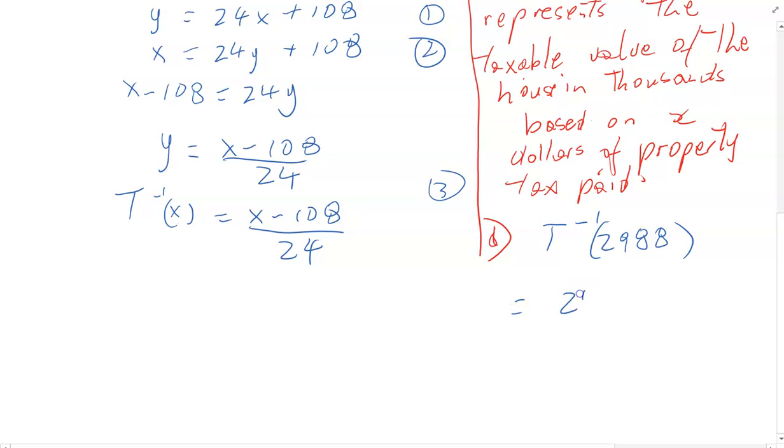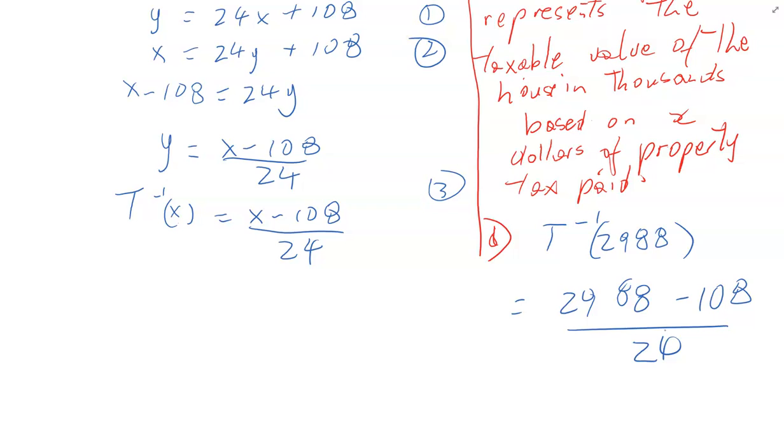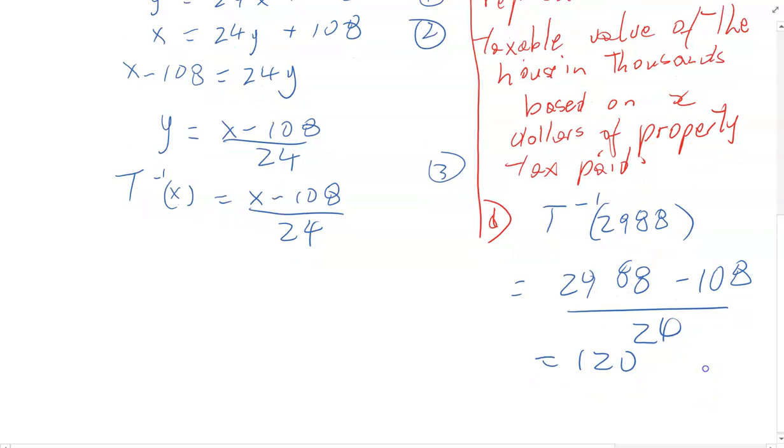So that's going to be 2988 minus 108 over 24, and then evaluate its meaning in this context. And so this should give us 120. Check that on your calculator.